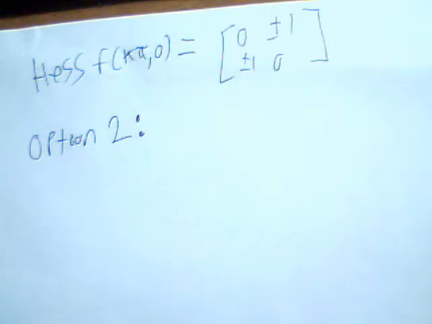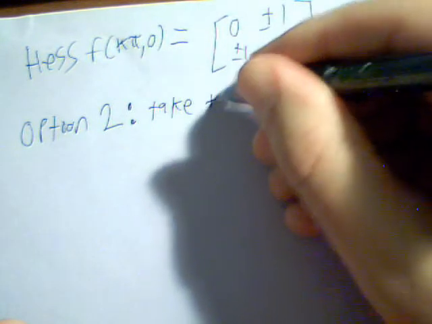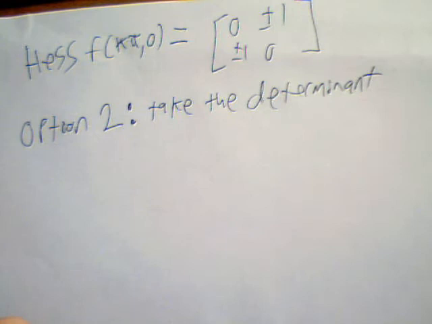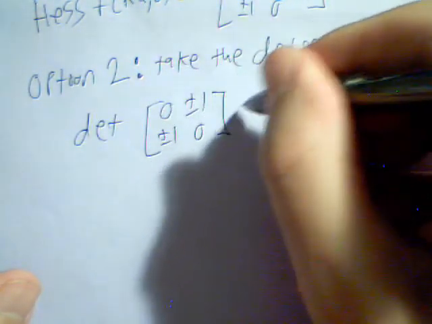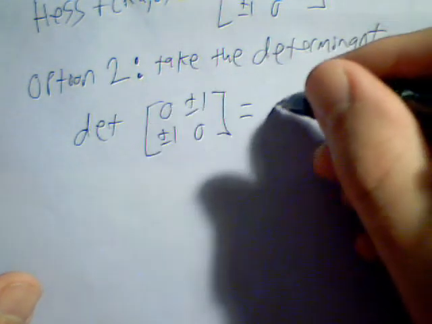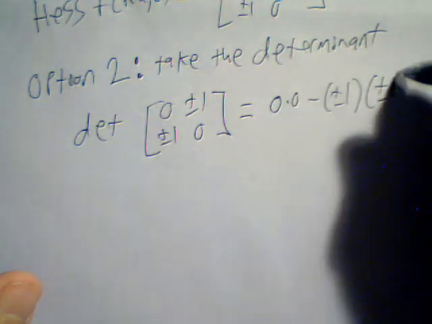Now I've got option 2. Option 2 says just take the determinant and hopefully that will tell me something good. The determinant is again a crisscross, so 0 times 0 minus plus or minus 1 times plus or minus 1.